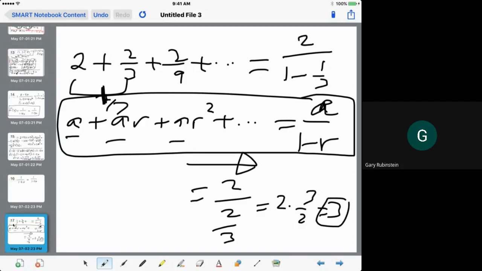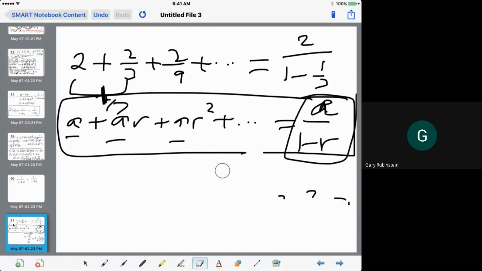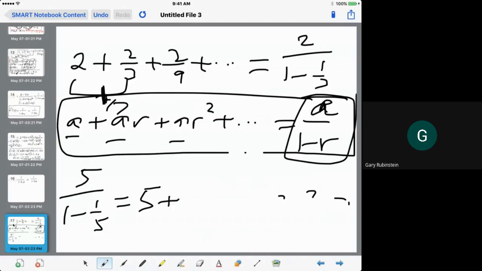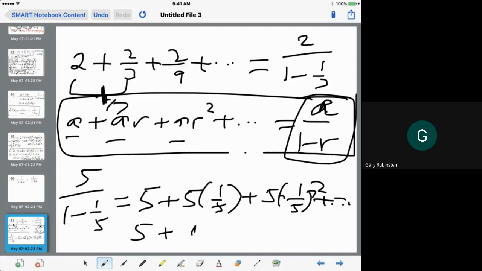But you can actually go in the other direction. If you have something that looks like A over 1 minus R, you can turn it into the geometric series. So if I have 5 over 1 minus 1/5, I can turn that into A plus AR plus AR squared plus ..., which is 5 plus 1 plus 1/5.